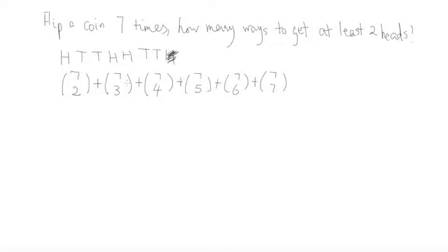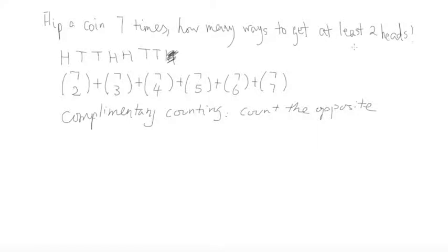You don't need that. So instead, we'll do a method called complementary counting. So basically, you count the opposite. So what's the opposite in this case?